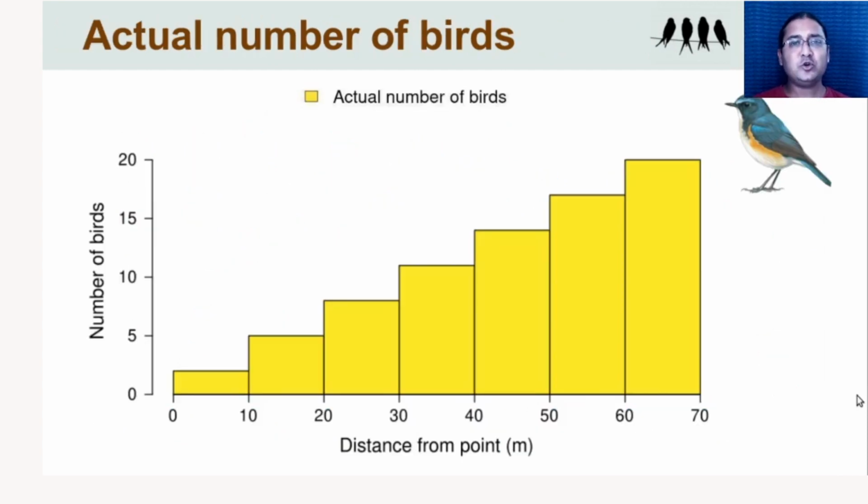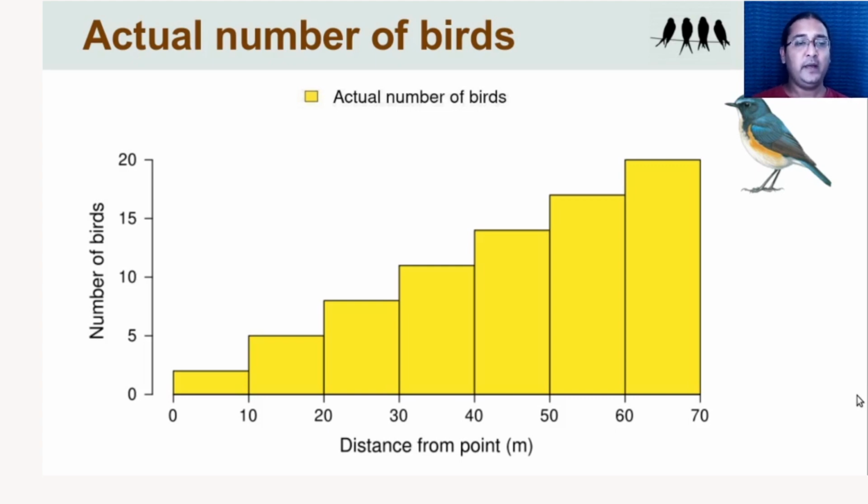And so the actual number of birds at various distances from the point is increasing, and it increases linearly. So there are very few birds in that small area close to the point, but as the area farther and farther away from the point increases, the number of birds at a farther away distance from the point will also be higher than the number of birds that are close to the point.